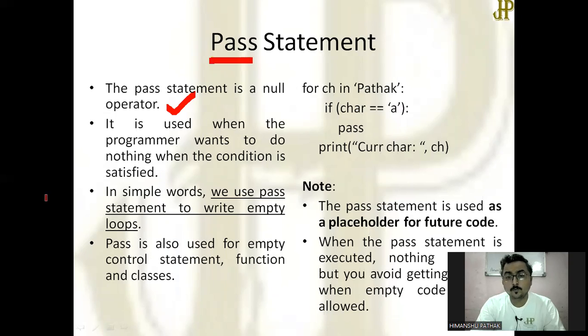So here I have put a note. Why is pass used? Because it is generally asked in interviews or in small questions. The pass statement is used as a placeholder for future code. Right now, you don't know what will happen or what to do when this condition is encountered.